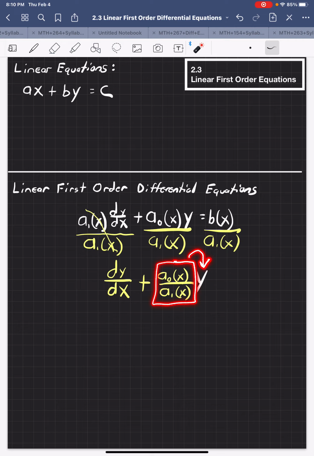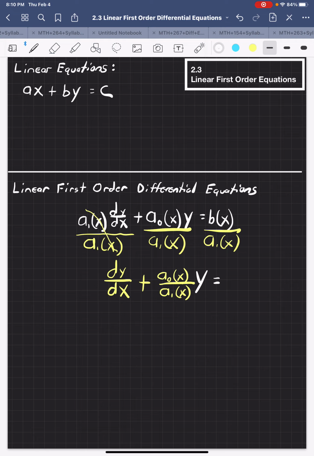And in just a second I'm going to give this another name, so it's not so messy. I'm going to call this p of x in just a second.